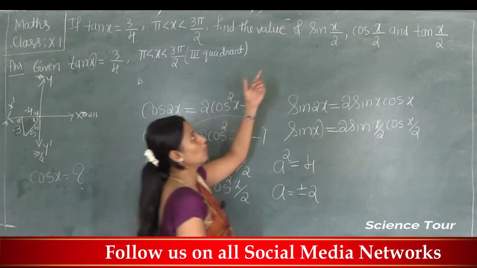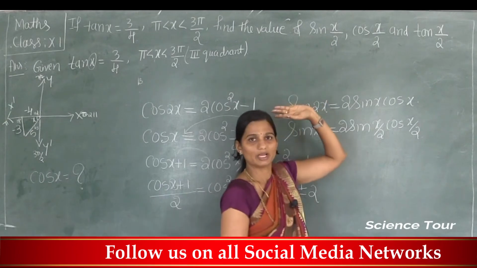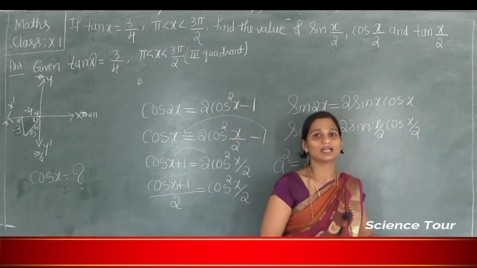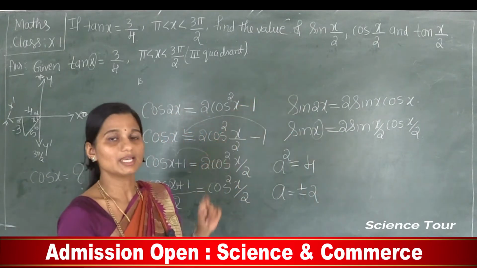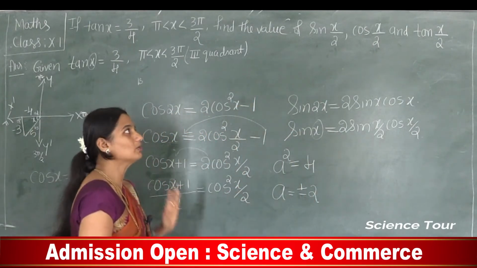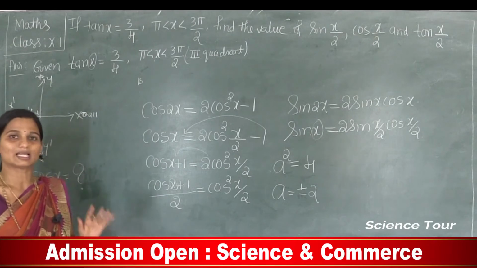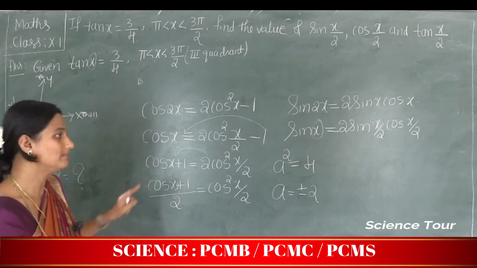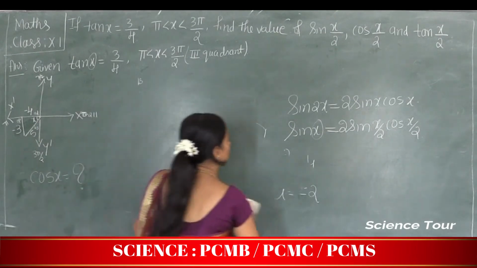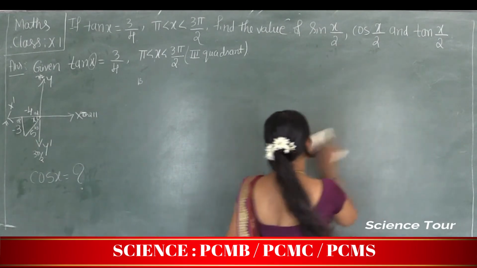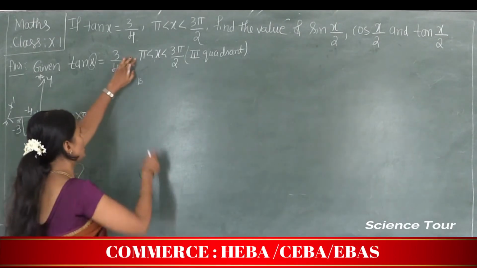So first we'll find cos x by 2. Next I'll show how to find sin x by 2. Next you can find tan x by 2. How to find tan x by 2? The value of sin x by 2 divided by cos x by 2 gives the tan x by 2 value. Clear? Yes. Now you have to see the quadrant. See this one. Which one is it?